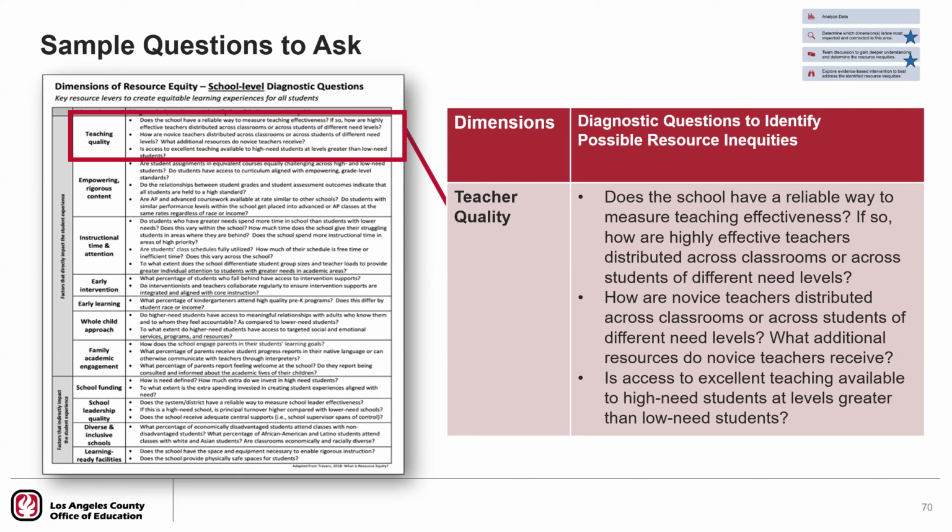Is equitable access to excellent teaching extended to high need students to a greater extent than to their low need counterparts, or vice versa? These inquiries inform decisions and implications for the school, its teaching staff, and their impact on fostering equity among students. Therefore, discussions that take into account considerations concerning personnel, time, and financial investments can lead to greater resource equity.